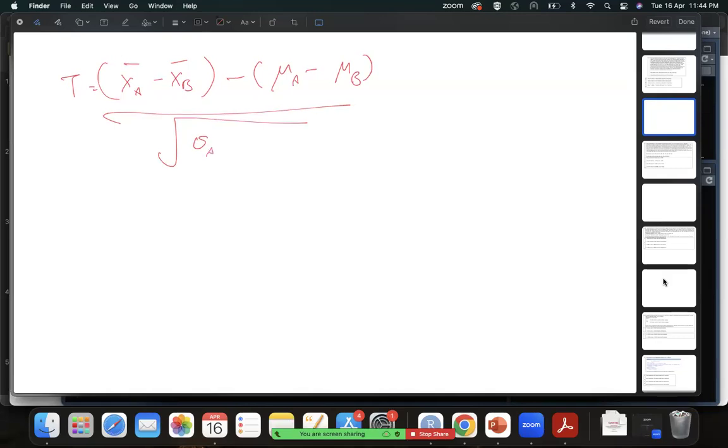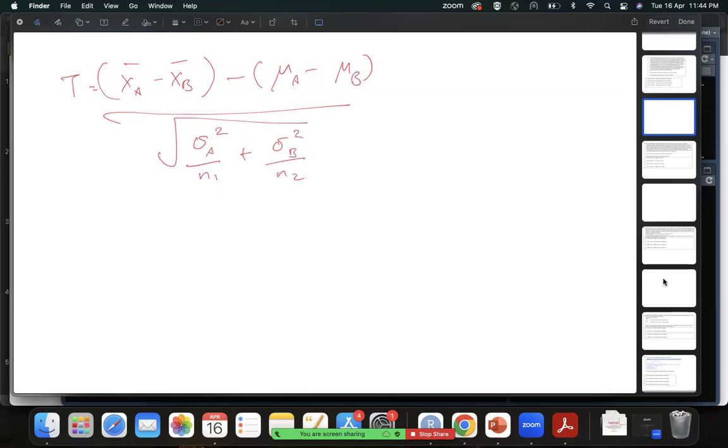Okay, we'll have a T statistic with the formula (X A bar minus X B bar minus (mu A minus mu B)) divided by the square root of sigma A square by N1 plus sigma B square by N2.